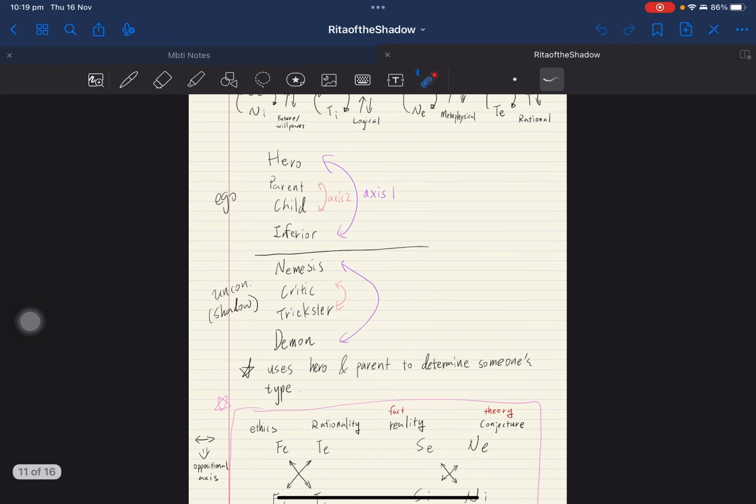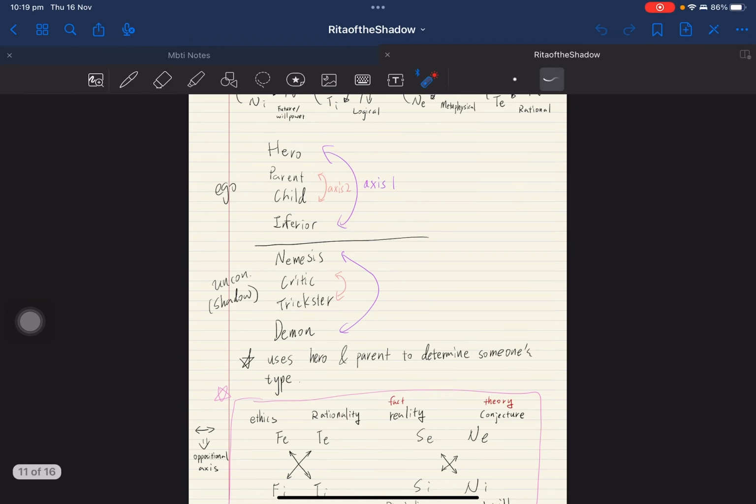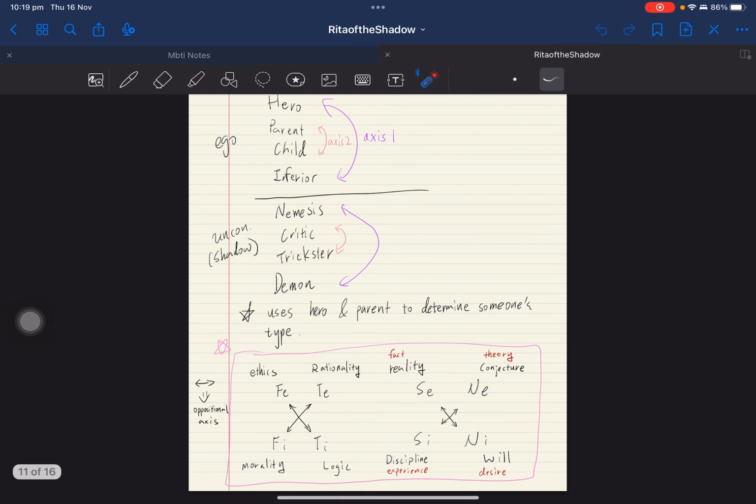And this is just to show you the axis they are on. And this is another way to look at the cognitive function and the axis. These names are very limiting, but they are just to give you an idea of what the cognitive function is about in the broadest sense. Same thing here.